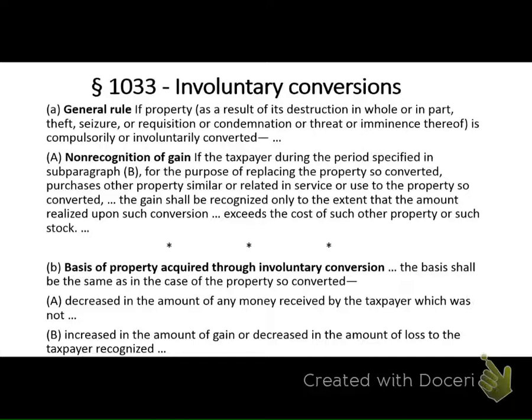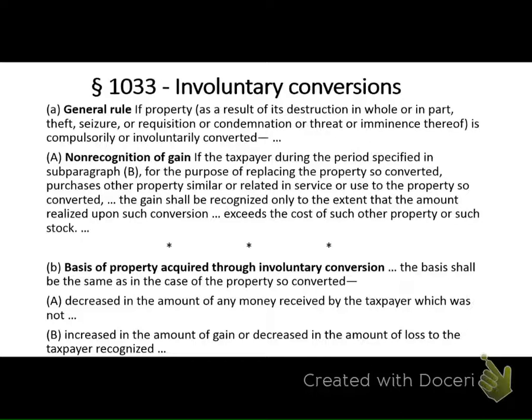If I'm a married individual, with that same $800,000 of gain, I get to exclude $500,000 of it from my gross income, so I would only include $300,000. 121 falls between 101 and 140, so we know that we have an exclusion from gross income provision.